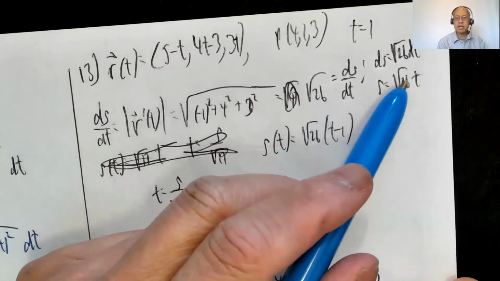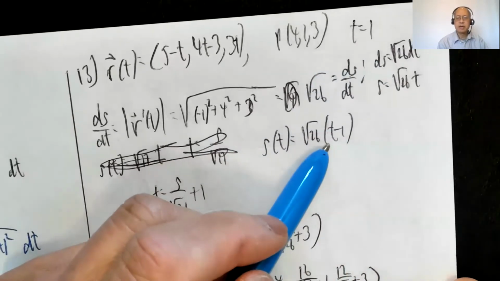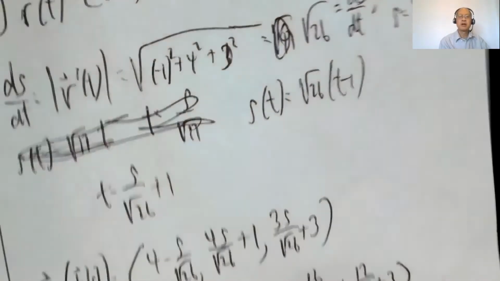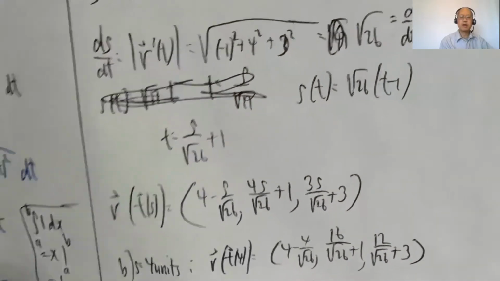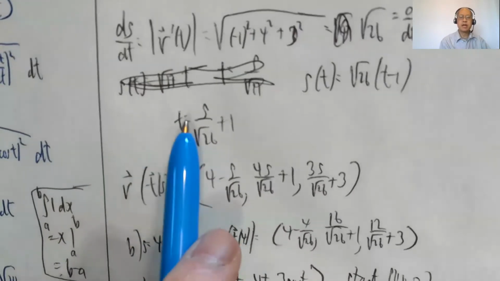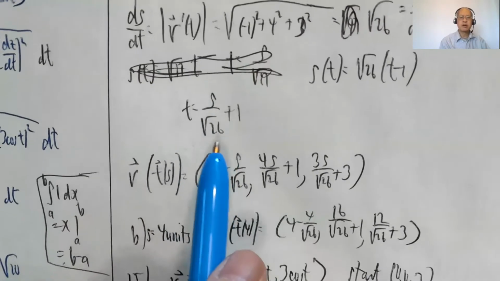Oh, I'm sorry, it actually should be t minus 1 because they told us to plug in t is 1. So this should be t minus 1 right over here. So s of t is radical 26 (t minus 1). Do a little bit of simple algebra. t is s over radical 26 plus 1.